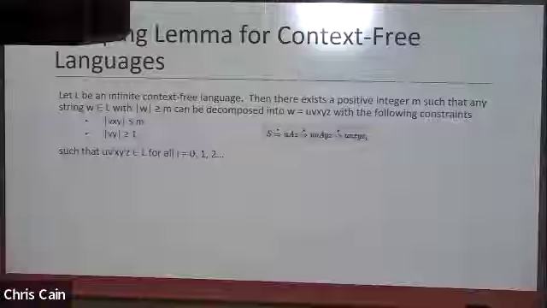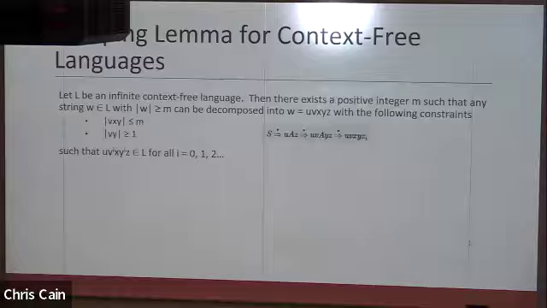So basically, if a context-free grammar exists for this, and we can break this down into U, V, X, Y, Z for some recursion, then the string U, V, X, Y, Z has to, for all I, for pumping the V and the Y, also be producible, also be in the language associated with that grammar.